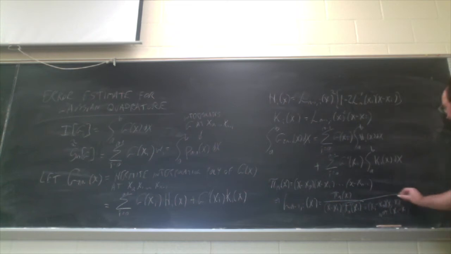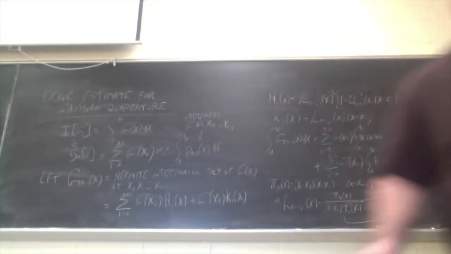So in other words, that is the denominator of a Lagrange polynomial that we normally see. So this is another way of expressing it. If you've done my 685 homework, you've seen this form of the Lagrange polynomial. And this is a form that's going to be more convenient for what we're doing.